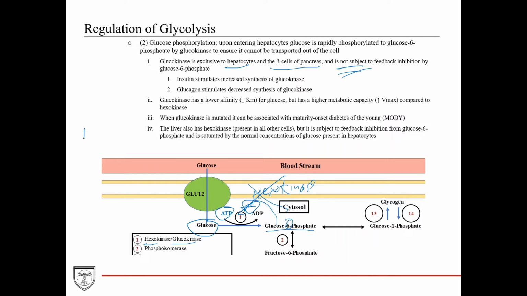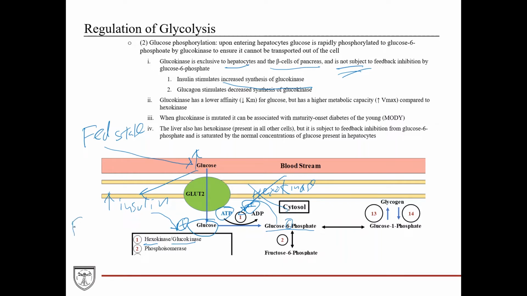The other thing is, in the fed state, you're going to have increased glucose in the blood, then increased insulin in response to that, and insulin is going to stimulate synthesis of glucokinase, which makes sense because you're going to have a higher level of glucose. You want a higher enzyme capacity to be able to process this glucose coming into hepatocytes.